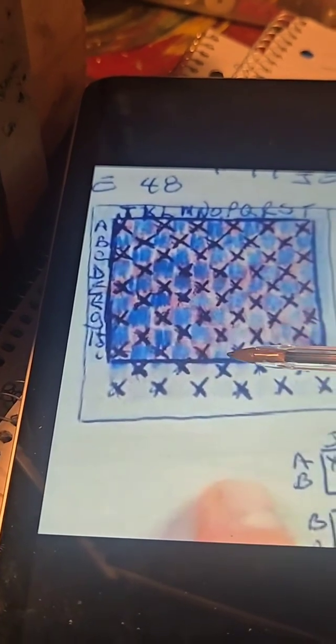Oh, 11, sorry, 11. Right? So now we do it this way. 1, 2, 3, 4, 5, 6, 7, 8. 11 by 8, 88 constellations.